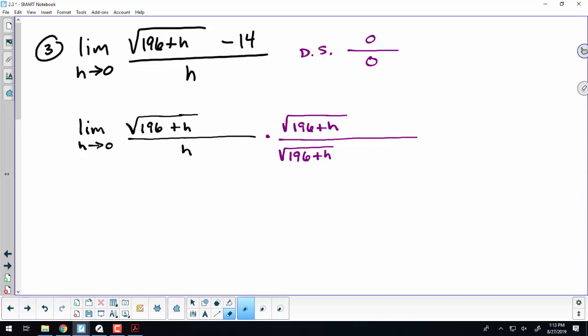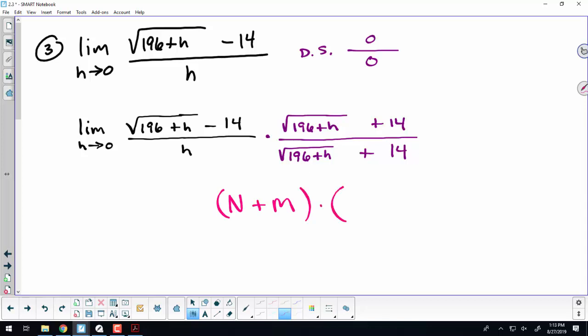That first term stays the same. Again, the property we're utilizing here is, take n plus m. If that's one of your expressions, then we multiply that by n, leave that alone, minus m. So we just change the sign on that second term. They're conjugates of each other.